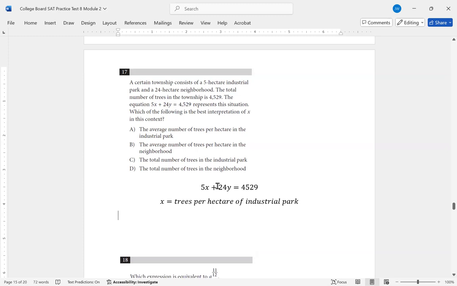And so let's look at what is the best interpretation of x in this context. Well, A would be the right answer. A is the number of trees on average per hectare in the industrial park. So A is the correct answer to question 17.